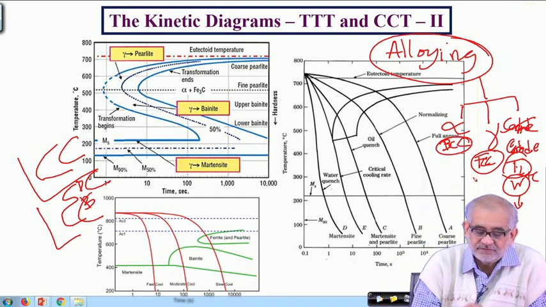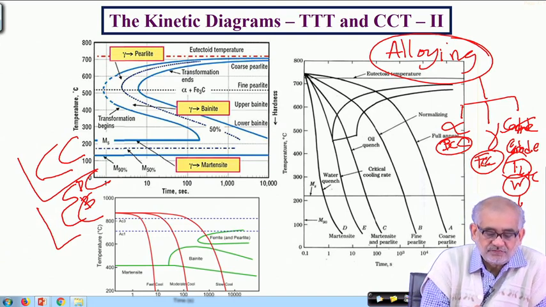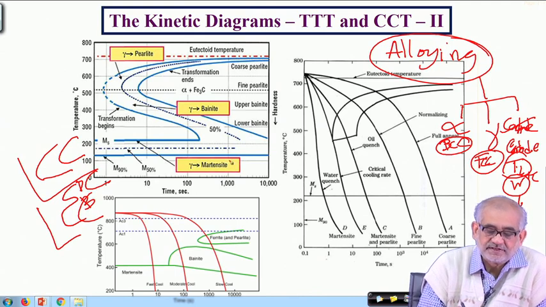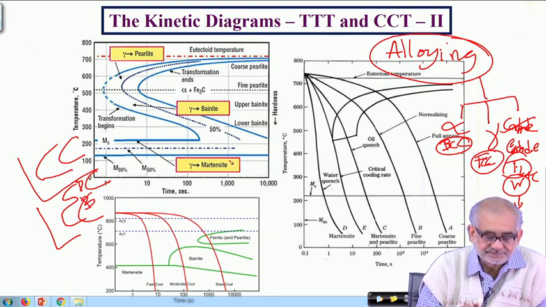So playing with the composition by adding ferrite stabilizers or austenite stabilizers, we can shift the contour of not only the kinetic diagram but actually the phase diagram, and from the phase diagram we can also derive the various differences that are possible for such kinetic diagrams.